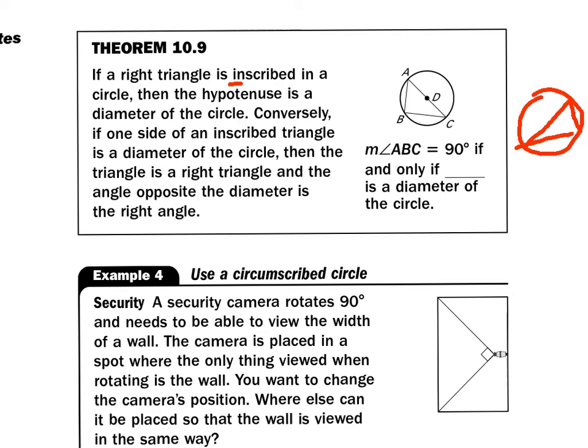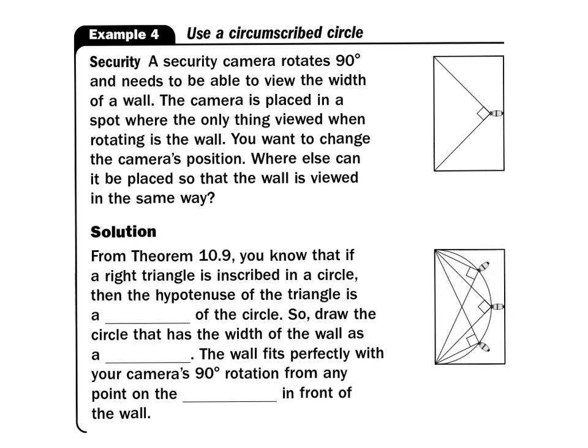So example 4. A security camera rotates 90 degrees and needs to be able to view the width of a wall. The camera is placed in a spot where the only thing viewed when rotating is the wall. You want to change the camera's position. Where else can it be placed so the wall is viewed in the same way? Well, from theorem 10.9, you know that a right triangle is inscribed inside the circle.